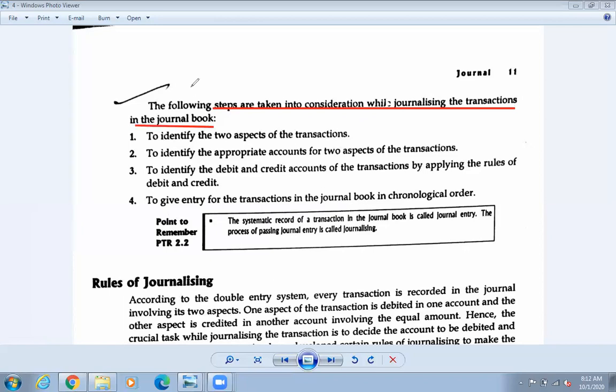Okay, so I write in this question, what are the steps taken into consideration while journalizing the entry in the journal book.